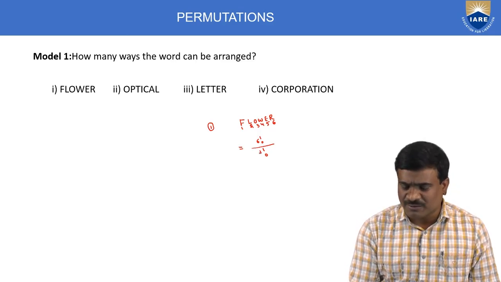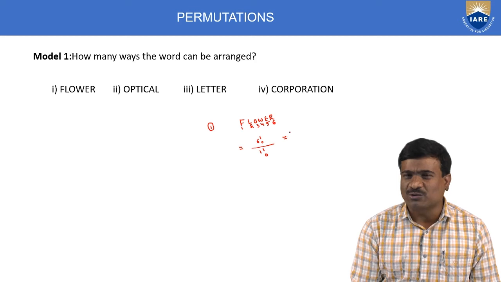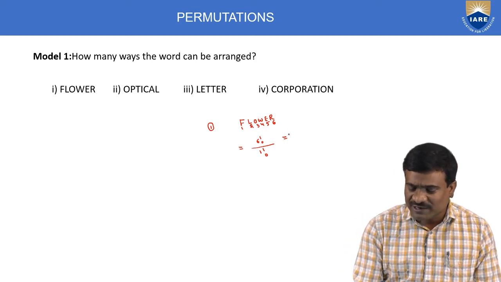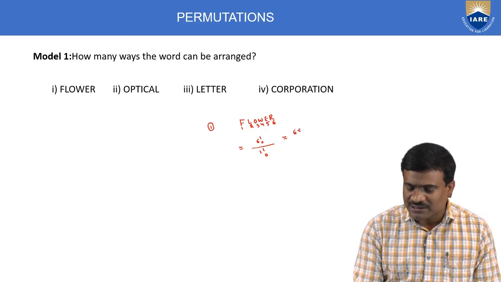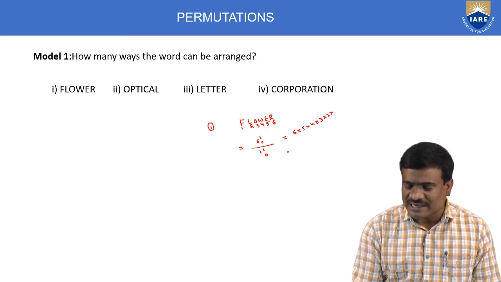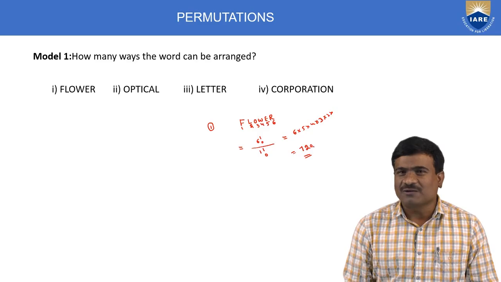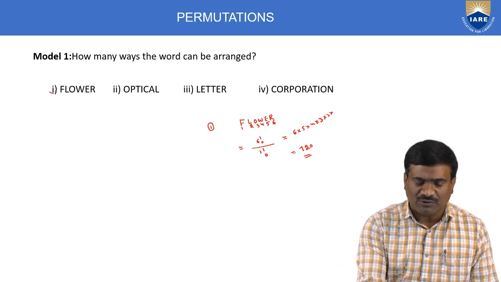So the total number of arrangements is 6 factorial divided by 1 factorial. 6 factorial is 6 into 5 into 4 into 3 into 2 into 1, which is 720. 720 by 1 is 720. So the first answer is 720.